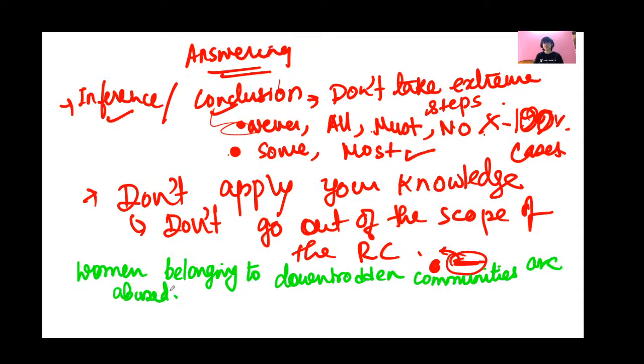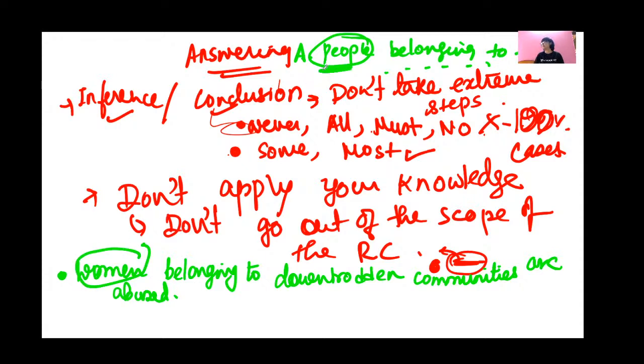But when you answer the question, suppose in an option it is mentioned people belonging to downtrodden communities. Everything is the same except for one word, that is people. Here it is given women and here it is given people.